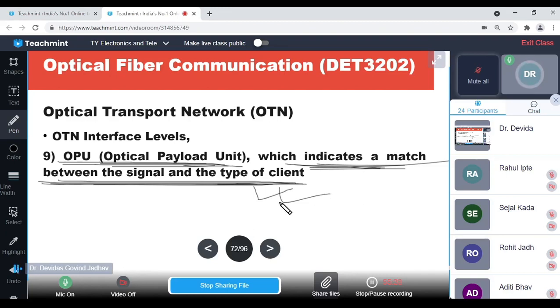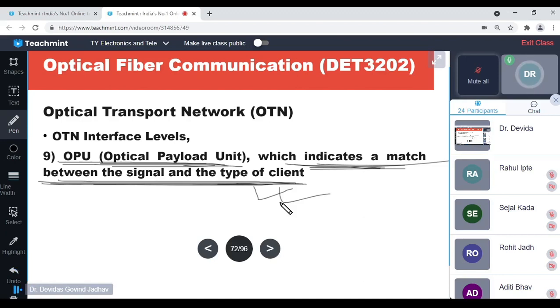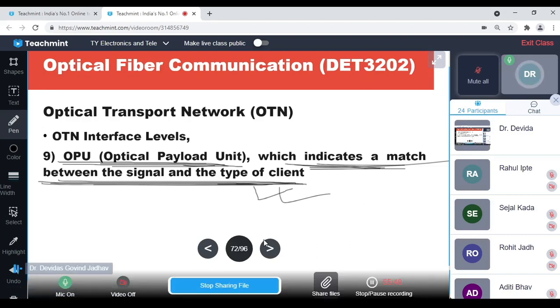So this is OTN. We just started it yesterday, and we have revised those things and completed today. All of these are just revisions, that's why we have gone very fast. We have already discussed them in previous lectures. So this is about the optical transport network, OTN.